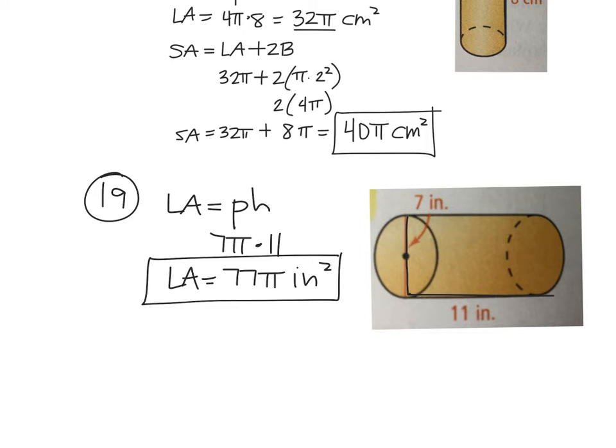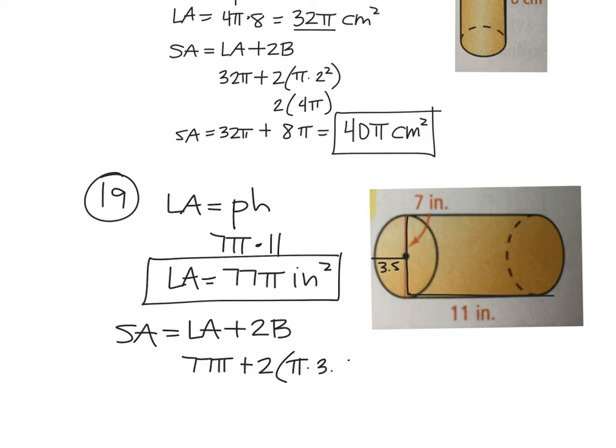Okay, we want surface area, so we're going to say surface area is the lateral area plus 2 times the area of the base. So that's going to be 77 pi plus 2. And then the area of the base here, your radius would be half of that 7, so 3.5. So you would do pi times 3.5 squared. If we take 3.5 squared, we get 12.25.